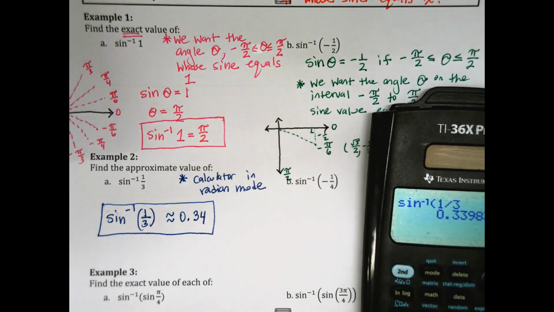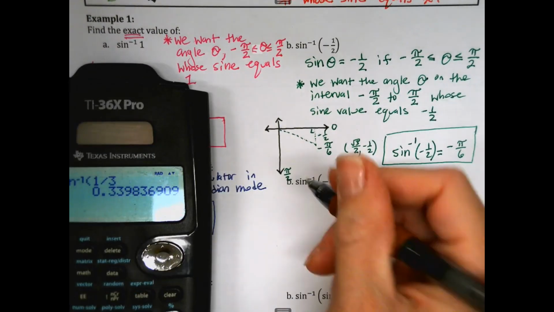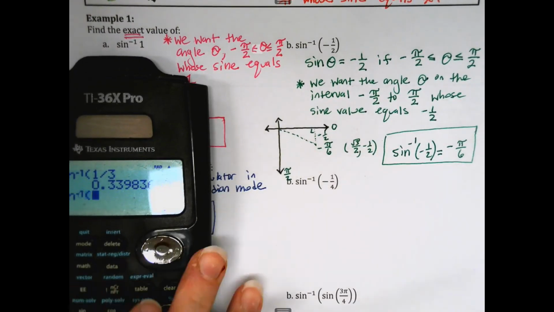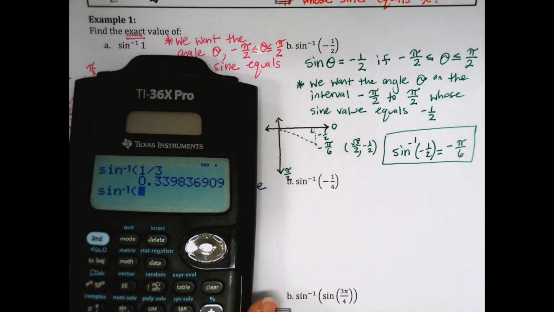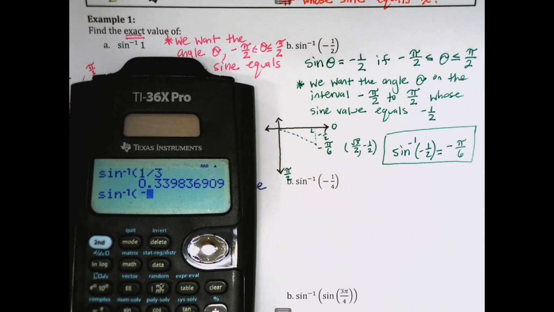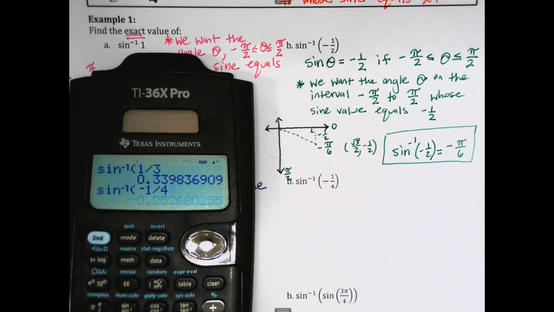And we could do the exact same thing with the inverse sine of negative 1/4. Press the inverse sine button, put in negative 1/4, and hit enter.